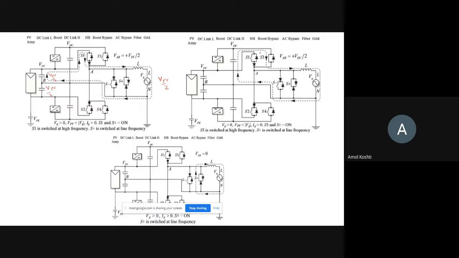Initially they switched S1; now they are turning on the S3 switch. Through S3 it will go to the grid, and again it will come back and close here.